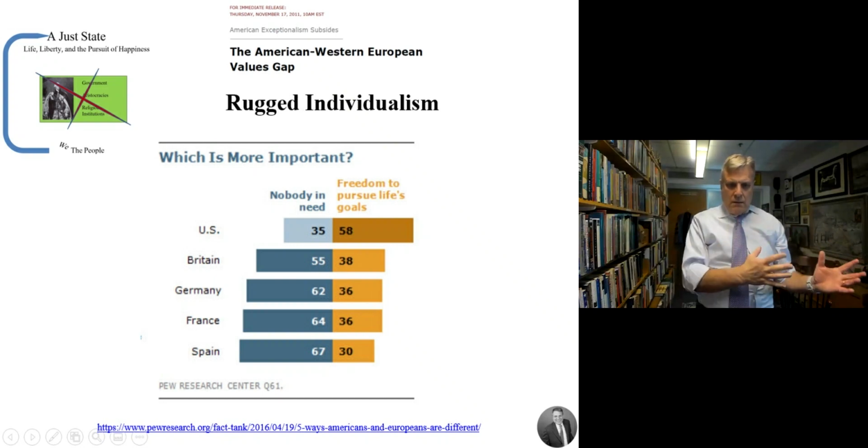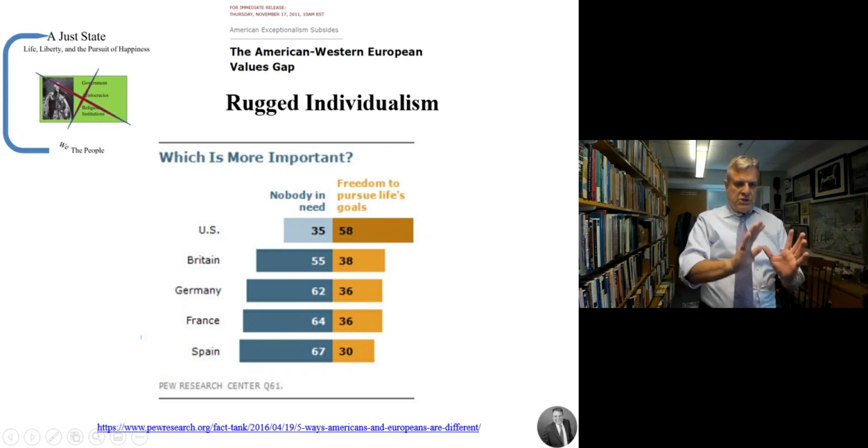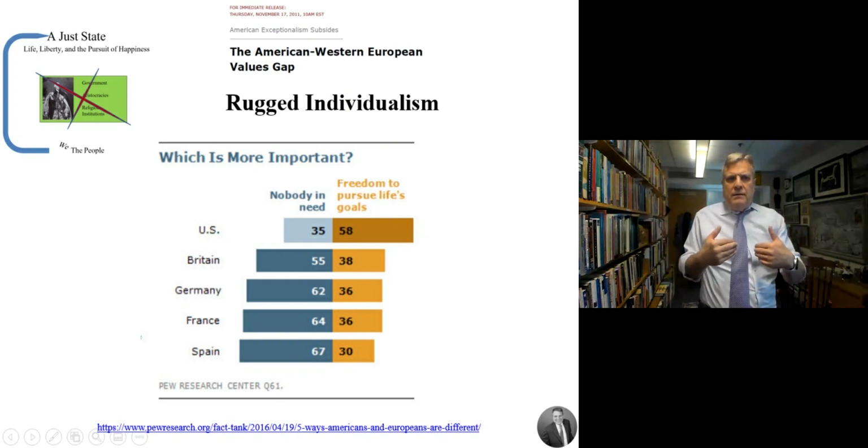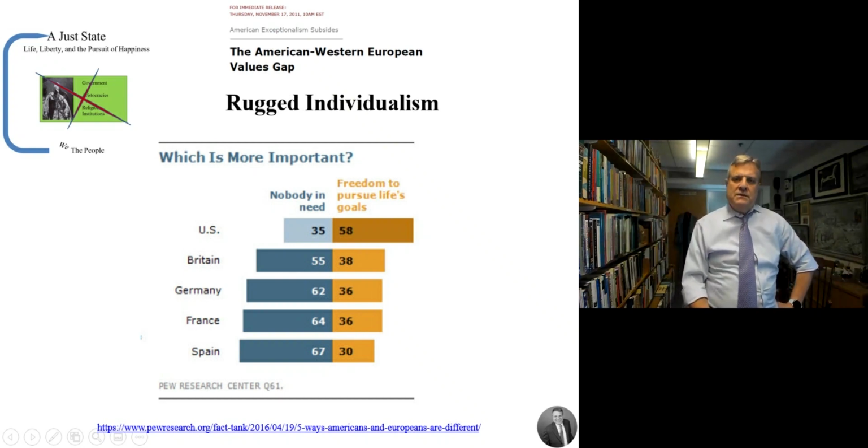Yet in the new United States of America, highly decentralized in its structure, rejecting of the ancient regime, it was harder to maintain the vestiges of that hierarchy, and we see it still today, right? Look at old Europe compared to us. What's more important? Why, of course, it's the freedom to pursue life's goals.